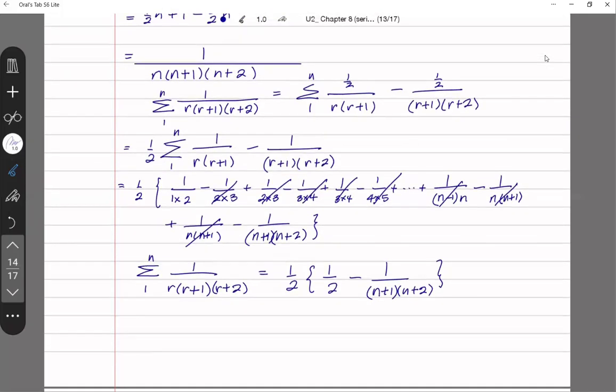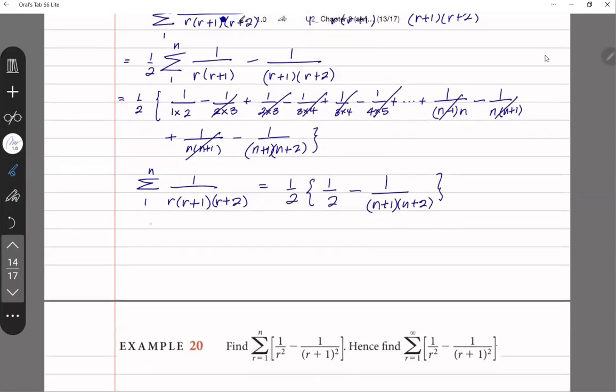So the sum to infinity from when r is 1 to when r is infinity of 1 over r into r plus 1, r plus 2. Wherever I see n, I'm going to put infinity.